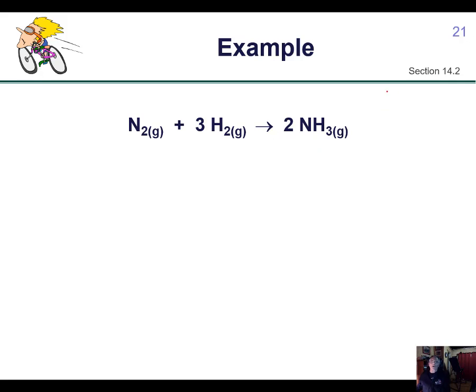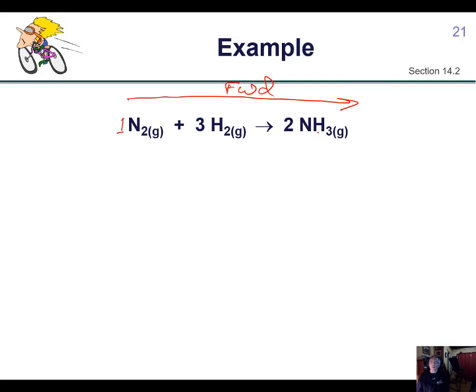So here's the case that we have. The way I want you to think about this is that the reaction is moving in the forward direction. Now, in the same amount of time that 1 mole of nitrogen disappears, because remember it's a reactant, it disappears, 2 moles of ammonia are formed. All right, think about that.